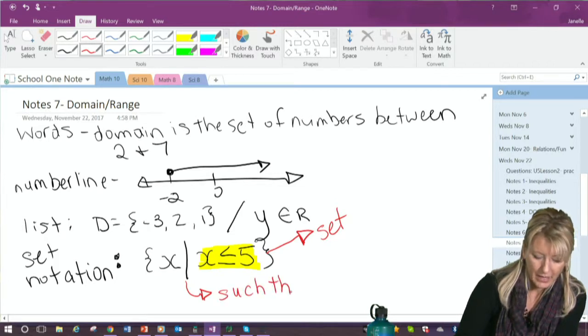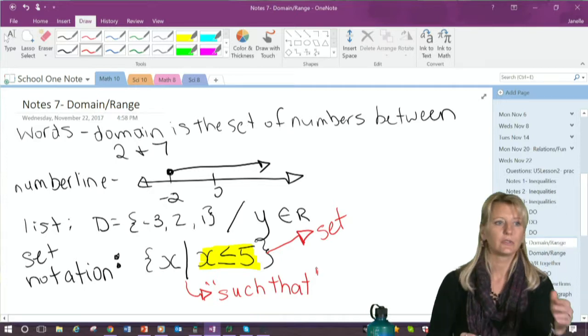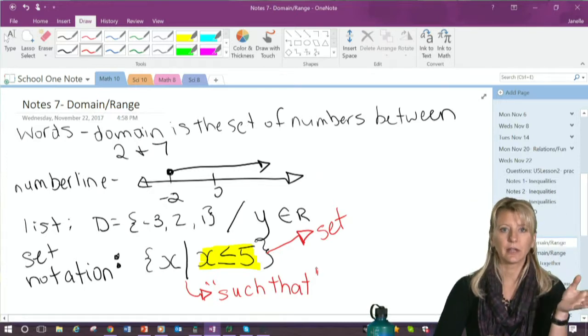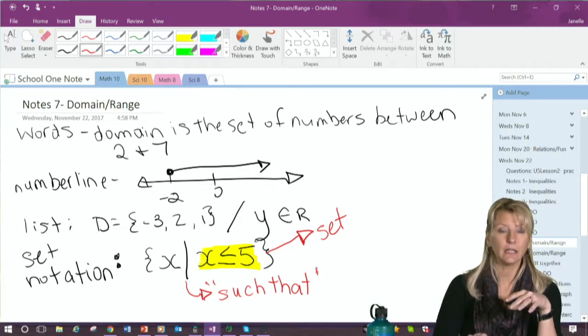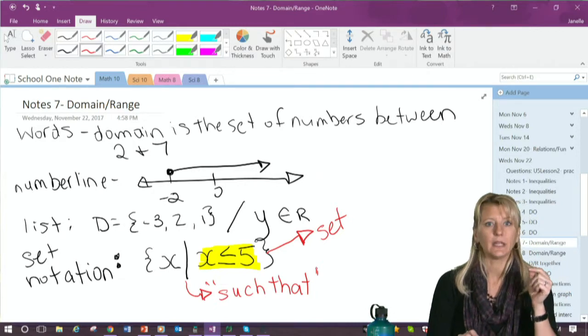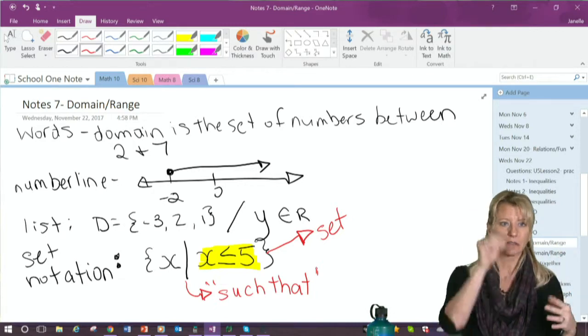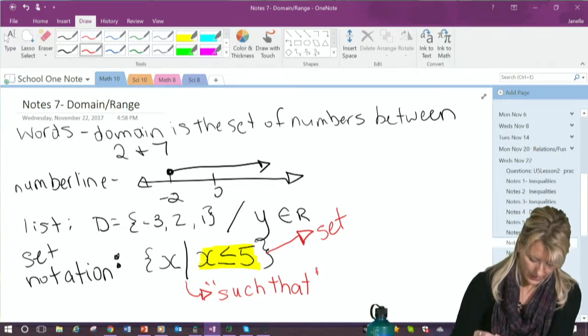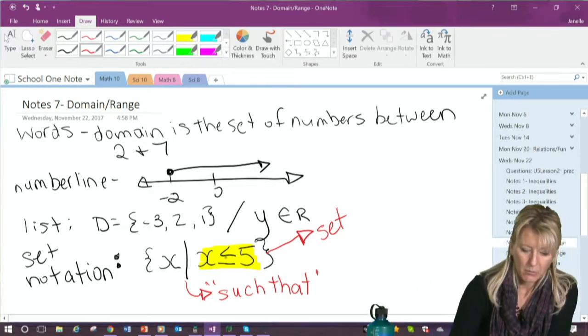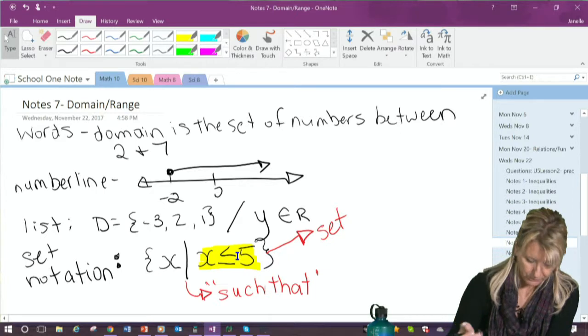Remember in math, we don't do a lot of writing. We use a lot of symbols to represent things. So instead of writing multiply, we use an X. Instead of writing the word divide, we do a divide symbol, stuff like that. So that line means such that. So here's the set, such that, and then it's talking about what your stuff is.